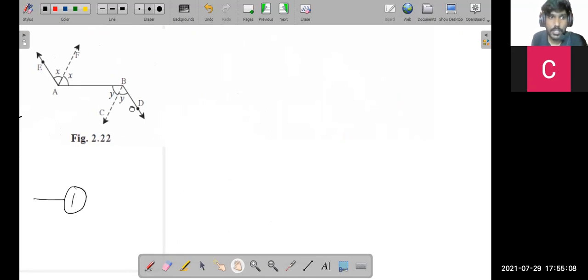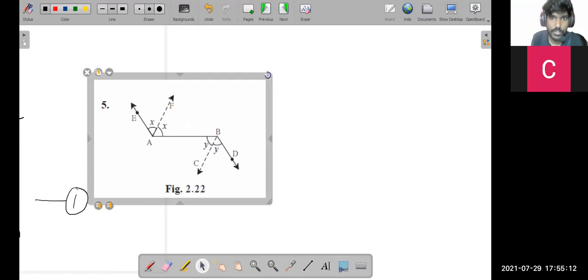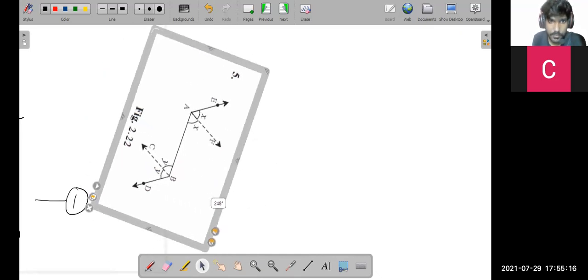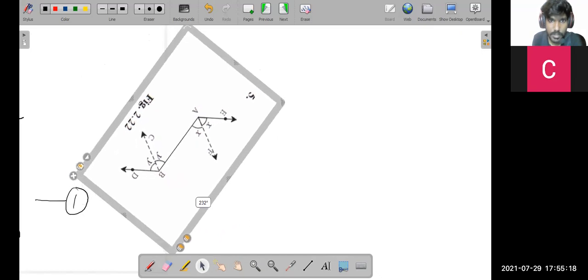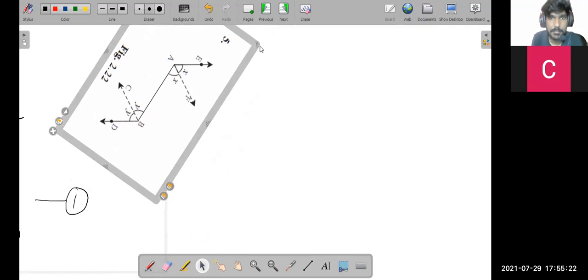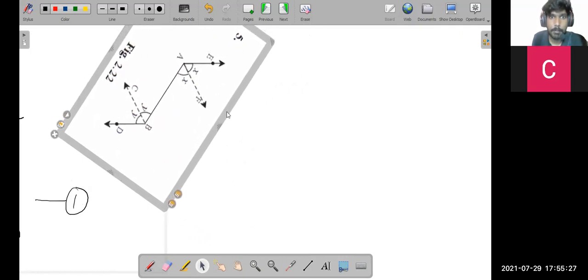Now, one thing to note in this figure, suppose I just rotate it like this. Ignore the dotted lines for now.